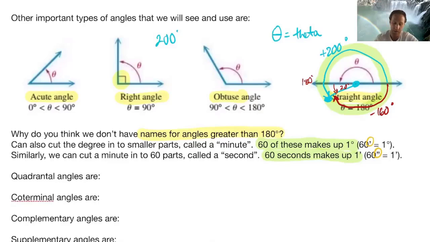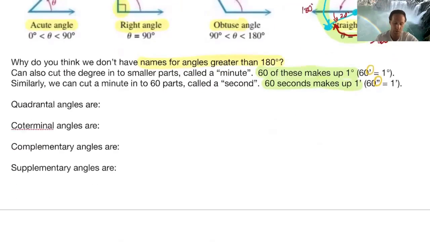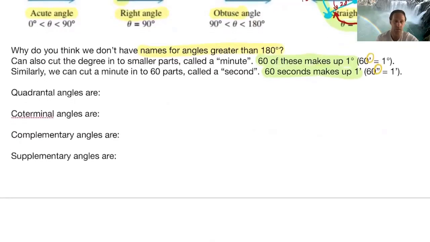Okay, and some of the other ones that we'll get into are called quadrantal angles. And you can probably guess that those come from our X and Y axis, which makes up 4 different quadrants. And this one would be what is called quadrant 1, because that's where it's positive, positive.